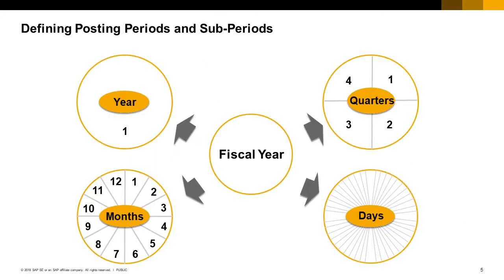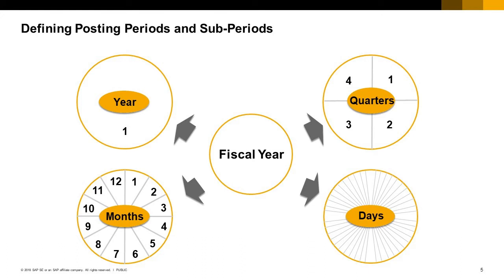When you create a new company database, you create the posting periods for the first fiscal year. Sub-periods are created automatically by SAP Business One in the fiscal year based on your selected type of sub-period. The 4 available sub-periods are year, quarter, month, and day. You define the sub-periods based on the company business need. A year has 1 sub-period.